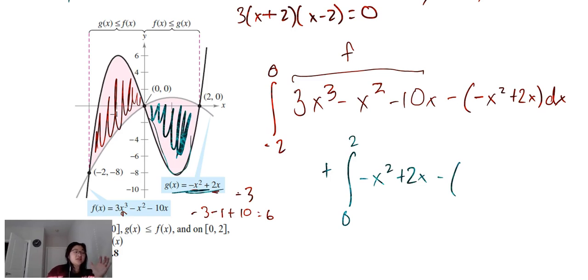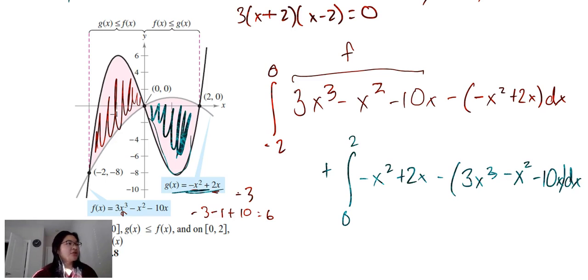And I'm going to use parentheses because it's responsible. 3x cubed minus x squared minus 10x. We're doing this still with respect to x. And from here, just combine some like terms and do some power rule, which you should be familiar with by now.